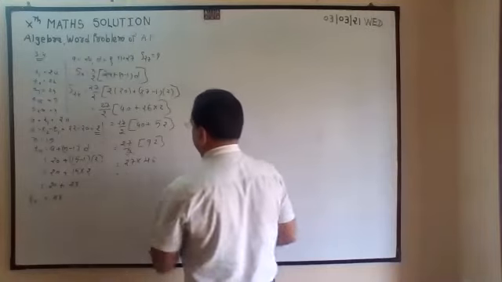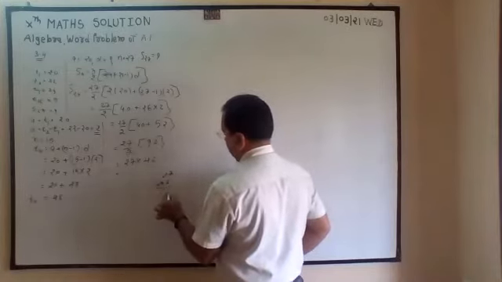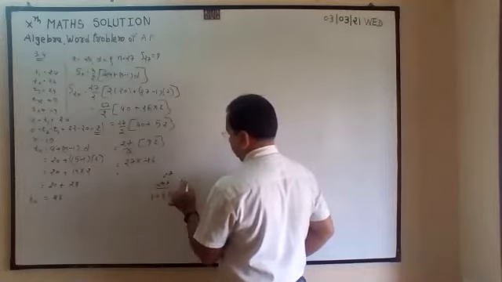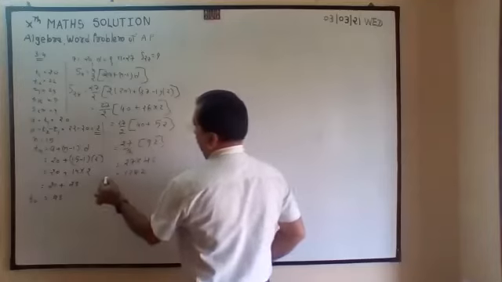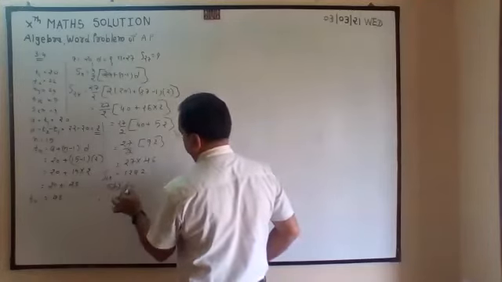Correct. Now 27 into 46. So in the 15th row, the number of seats is 40, but overall in the auditorium, the total number of seats is 1242.